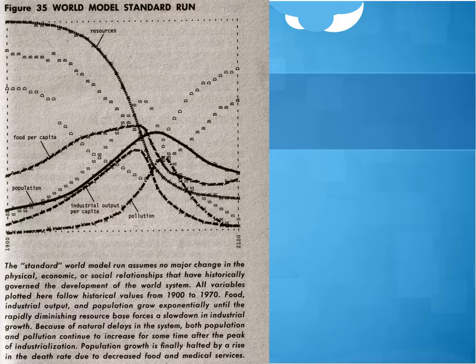And I just have some snippets as to how these variables behave. The first one is that the limited resource pool is exhausted. So you can see that the resources curve drops from abundance, that was the starting resource pool in 1900, and then in 200 years you essentially consume all the resources.